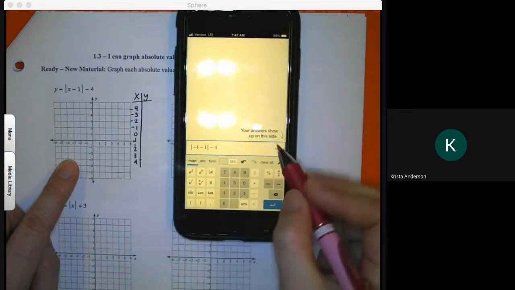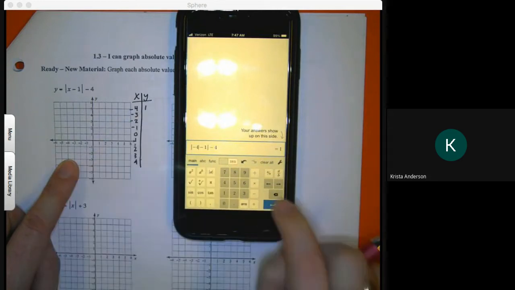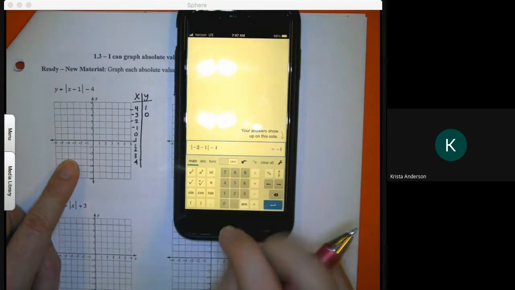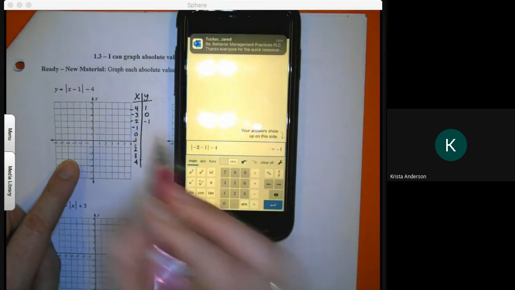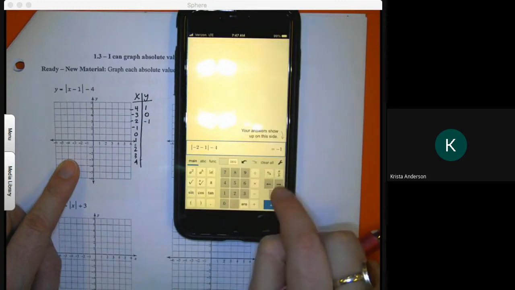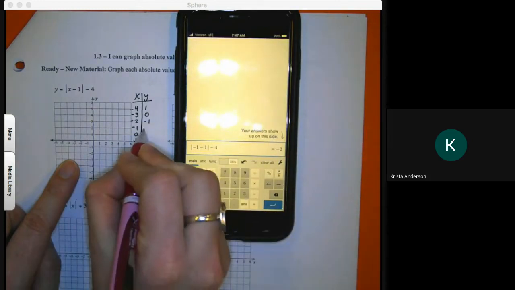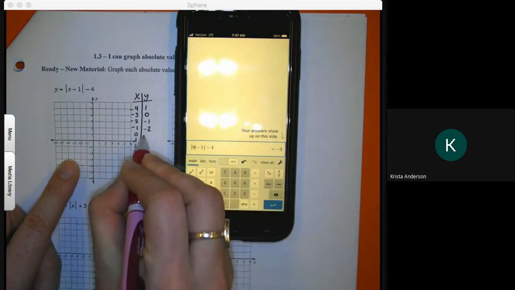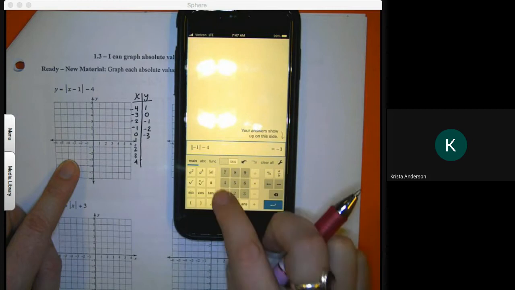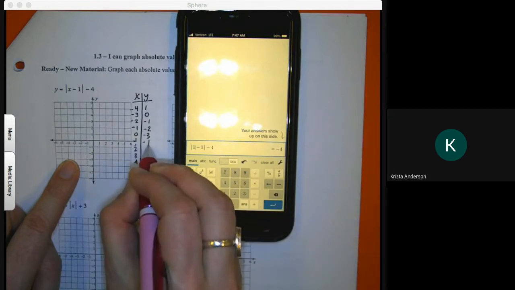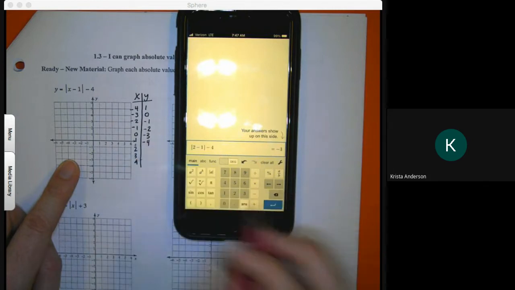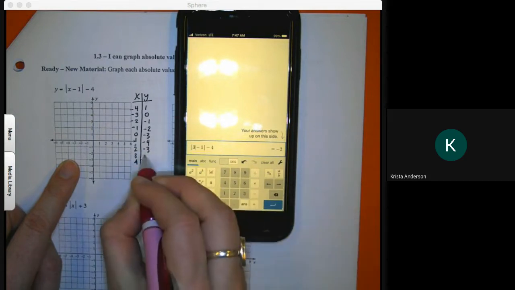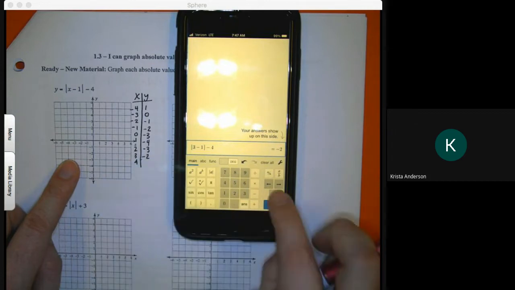-4 is at 1. -3. -2. -1. 0. 1. 2. 3. And a 4.